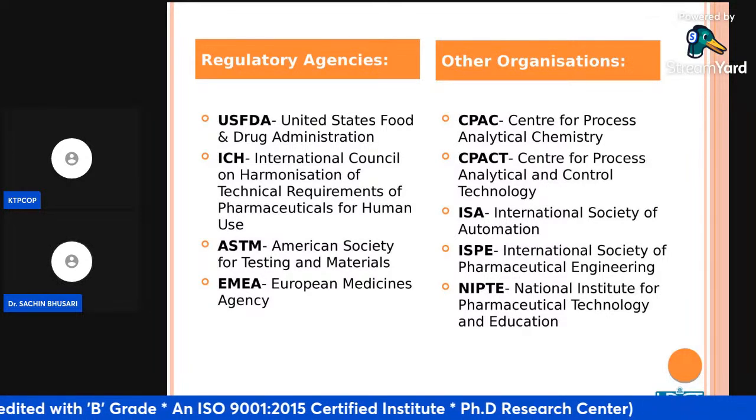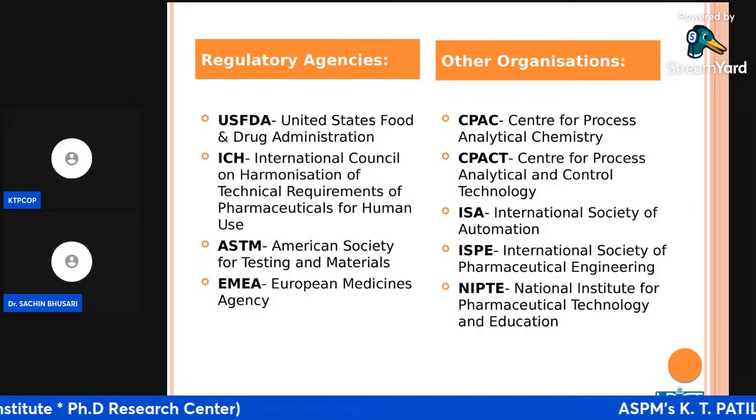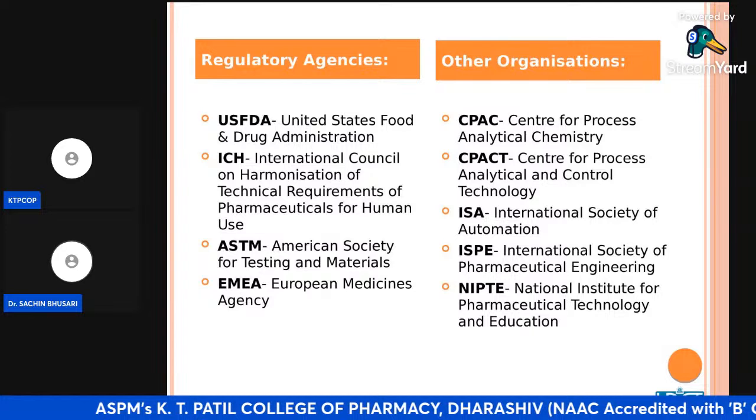Apart from this, there are some public domain organizations which supported PAT like anything. You can see CPAC is there, ISA is there, ISPE is there, NIPTE is there, the National Institute for Pharmaceutical Technology and Education.